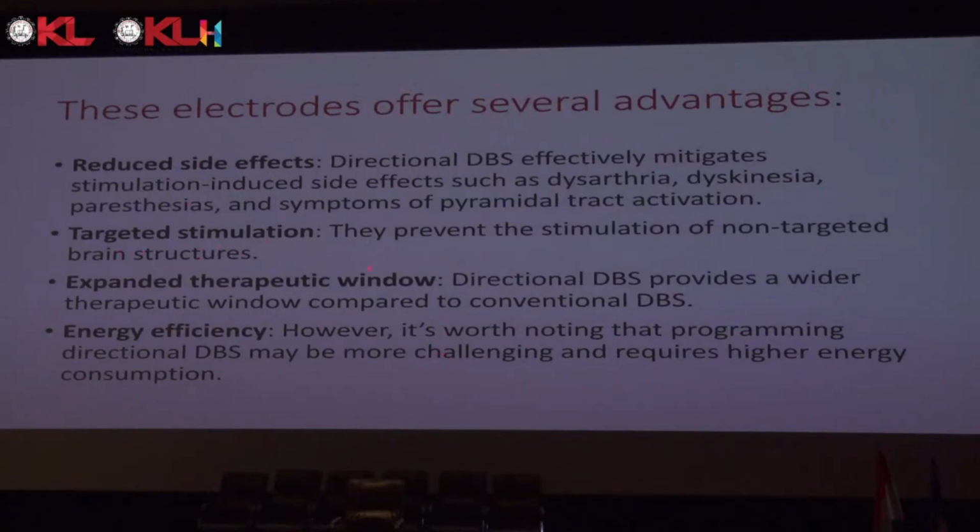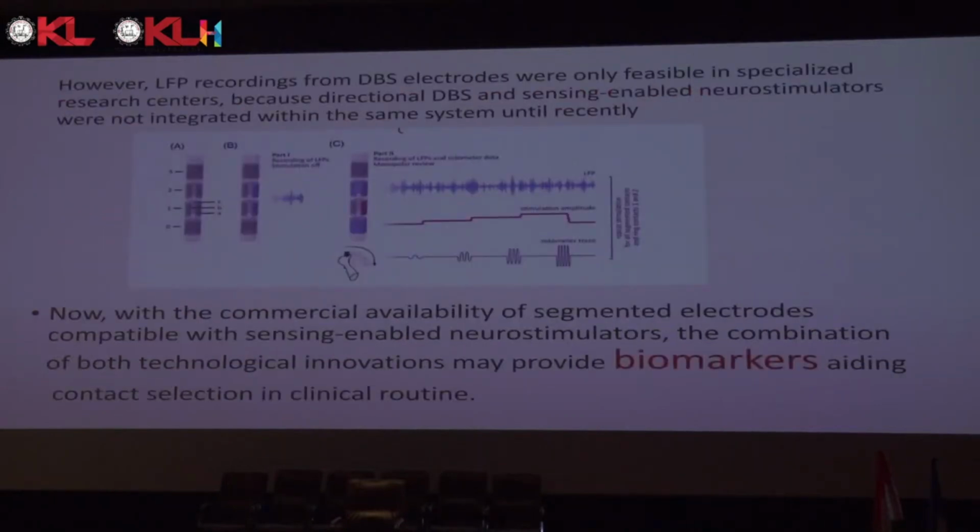Even if you are near the corticospinal tract, side effects are reduced. They give targeted stimulation, an expanded therapeutic window, a wider therapeutic window compared to conventional DBS, and energy efficiency, so the current requirement is less. These are the current leads, which are most essential.